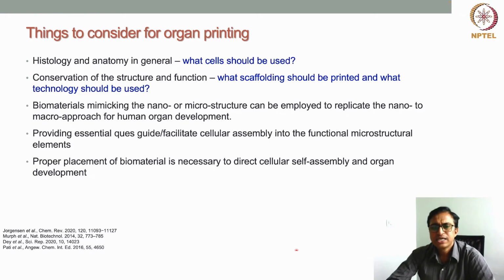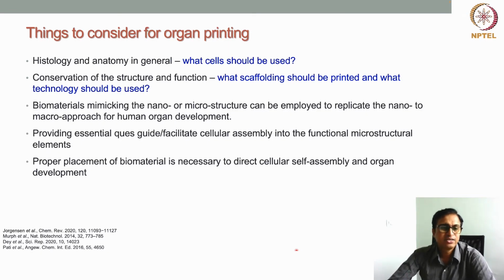Other than this, when you put the cells together, they generally have this intelligence so that they can assemble together and drive tissue formation. That means the cells come together, produce their own extracellular matrix, and then build the tissue.